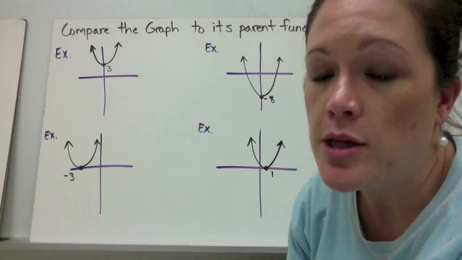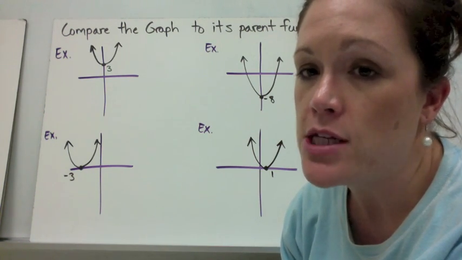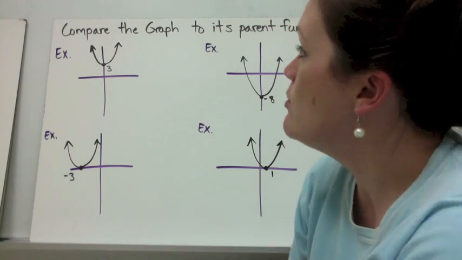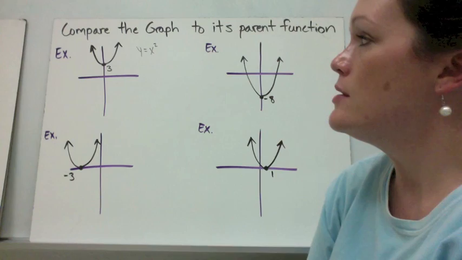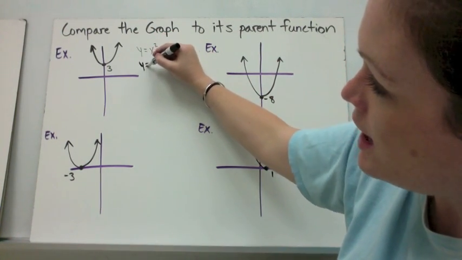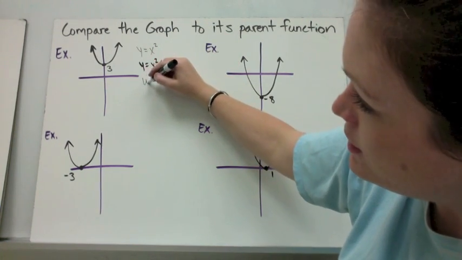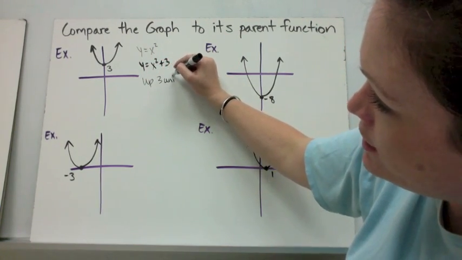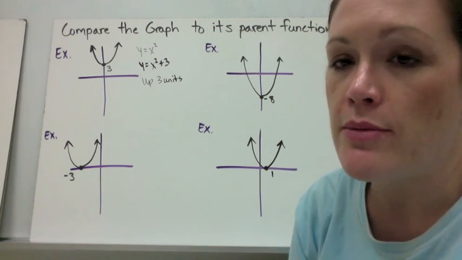It's a U shape. The only graphs we have are parabolas, and they're quadratic when they have this shape of a graph. And so I know my parent function is y equals x squared. This one went up 3 from the origin, so I would say it's y equals x squared plus 3, and I went up 3 units from my parent function. So those are some good things you could say about that graph.